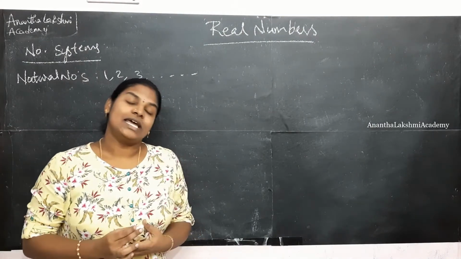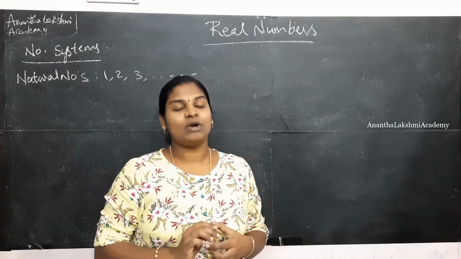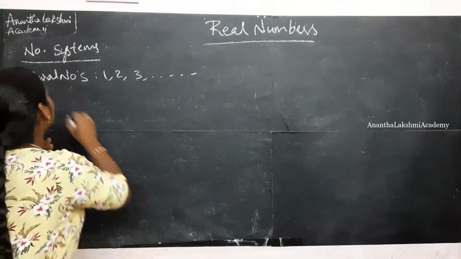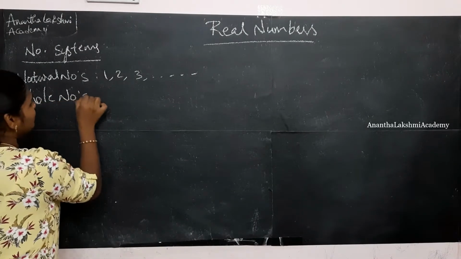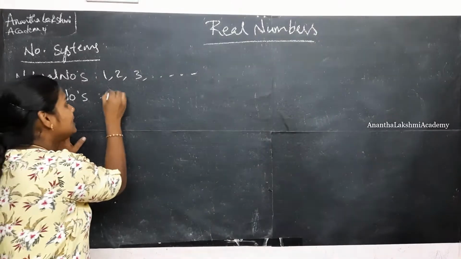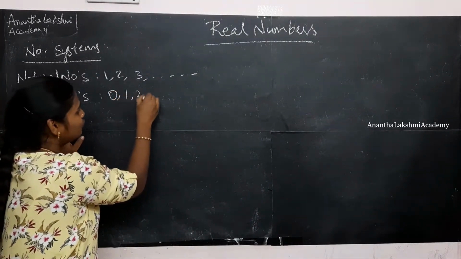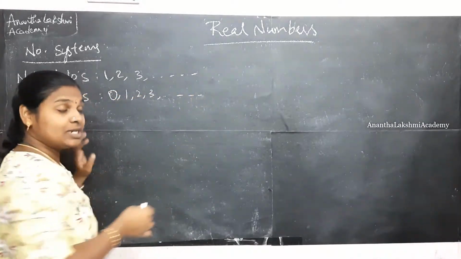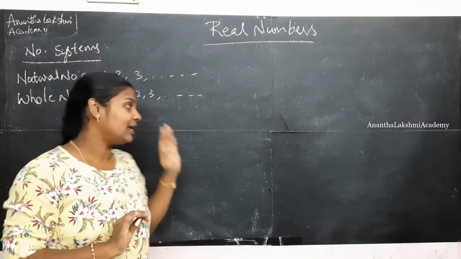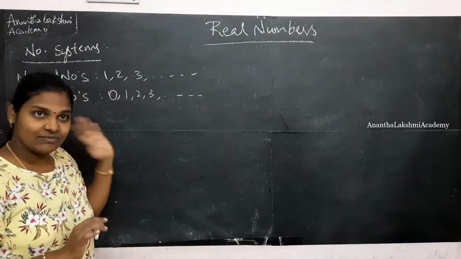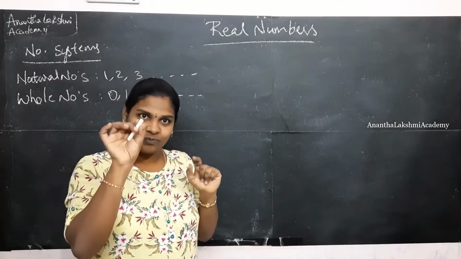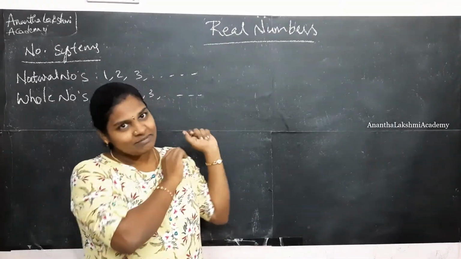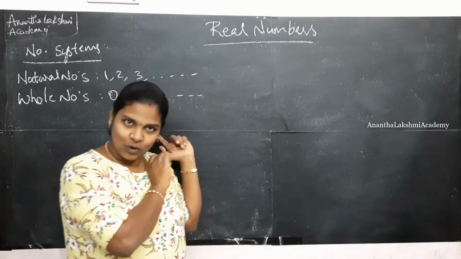Next thing that we are going to discuss is whole numbers. Where does the whole number start from? Whole number starts from 0, 1, 2, 3 and it goes on. So initially natural numbers were invented, and then in order to represent nothing, we needed a 0. That is when we came up with the concept of whole numbers.